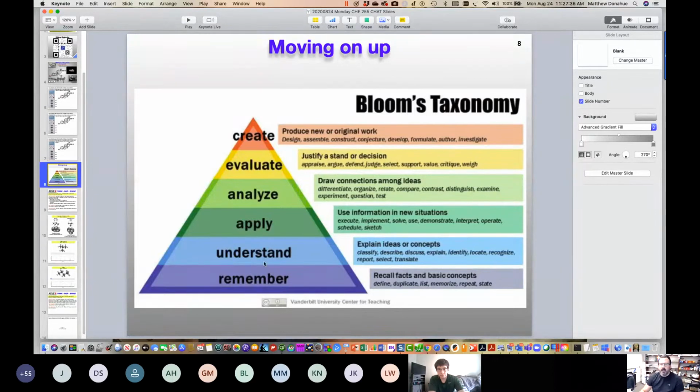The remembering and understanding is going to be assumed on my part. What I'm looking for you to do is use information in new situations, draw connections amongst ideas, and justify a stand or decision. These words here are the active verbs.